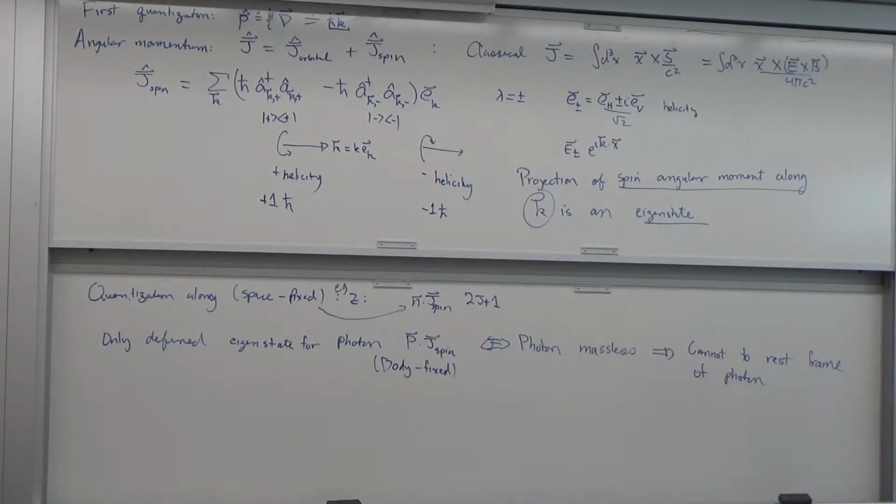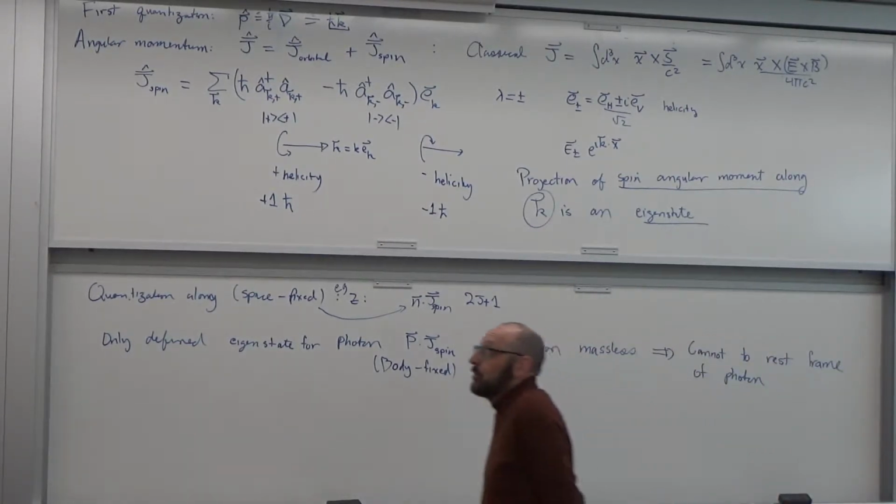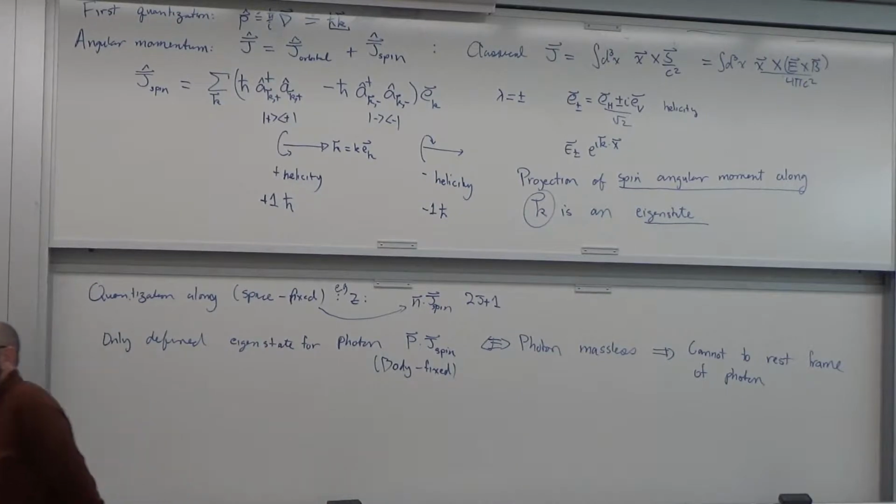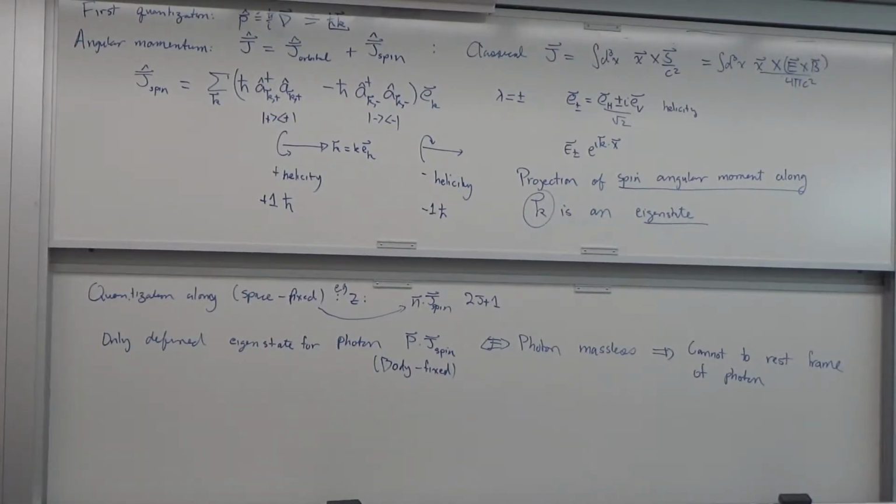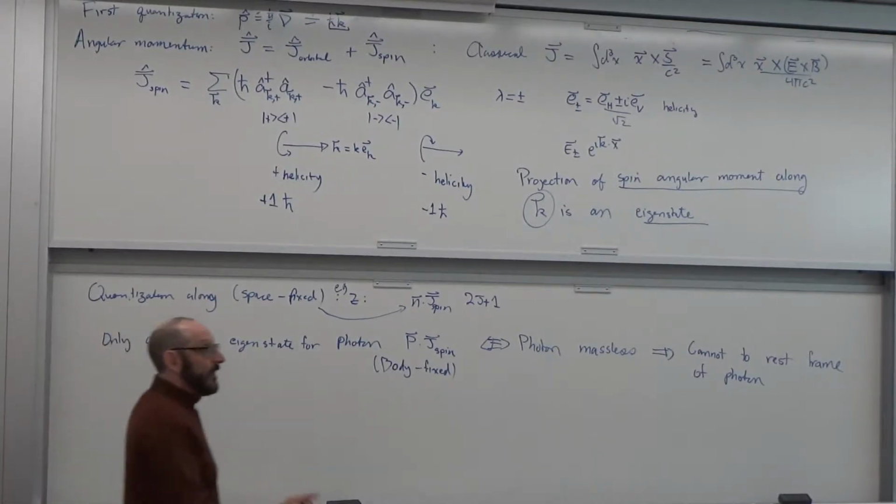If I could go to the rest frame of the photon, its orbital angular momentum would be 0. And I can say the generator of rotations in that case would just be the spin angular momentum.